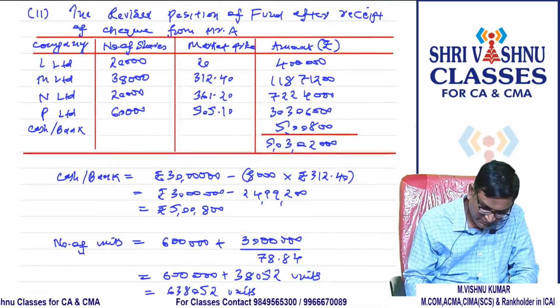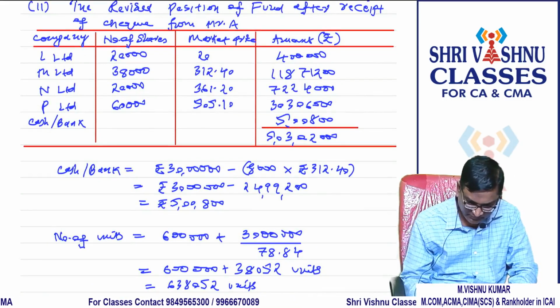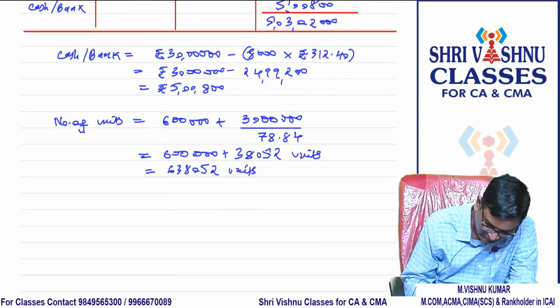Now again we have to calculate the net asset value on 2nd February, from the 2nd February point of view. Here it is not required.